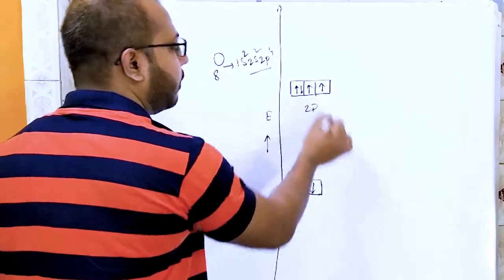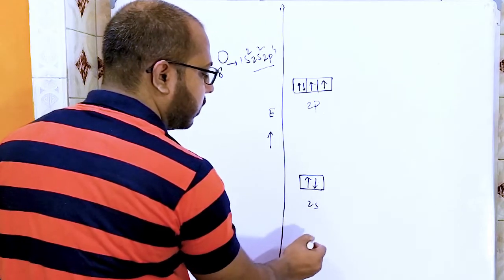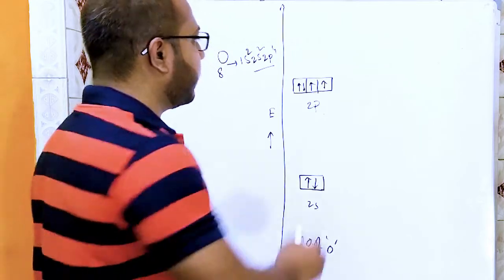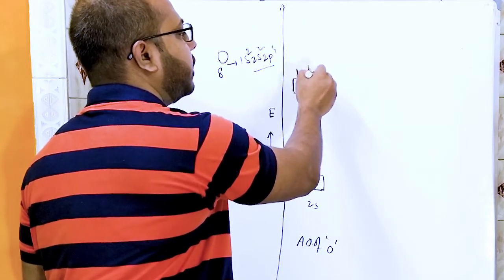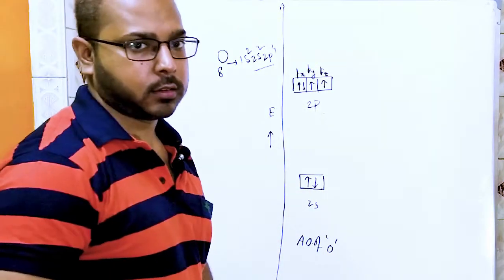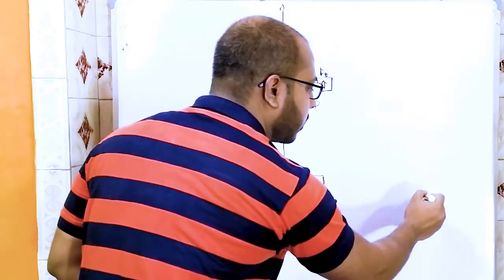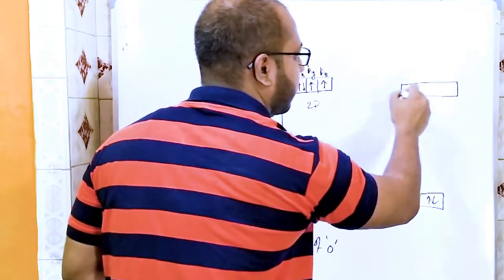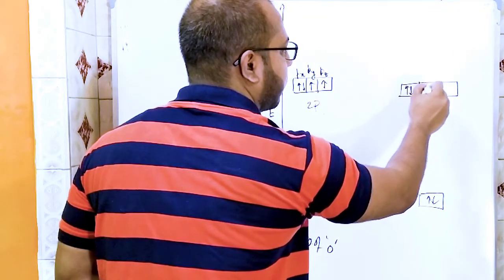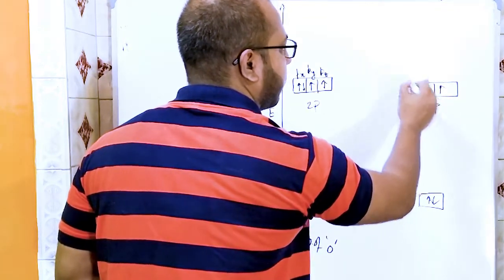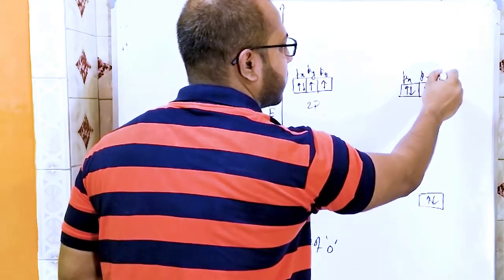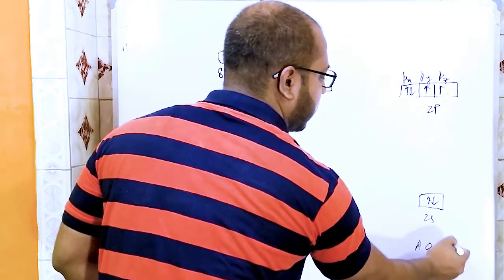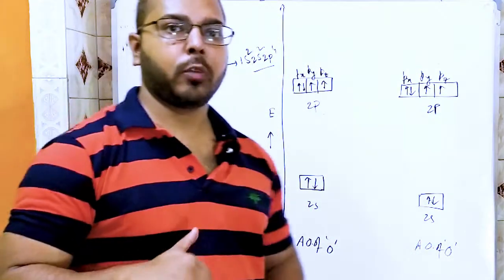On the valence shell part, I have written the atomic orbitals of oxygen: this is 2s, and this is px, py, pz. This is also 2s, px, py, pz, and this is the atomic orbital of another oxygen.